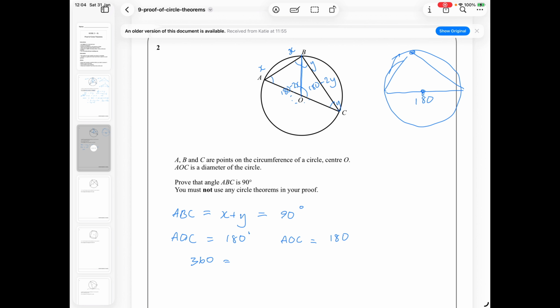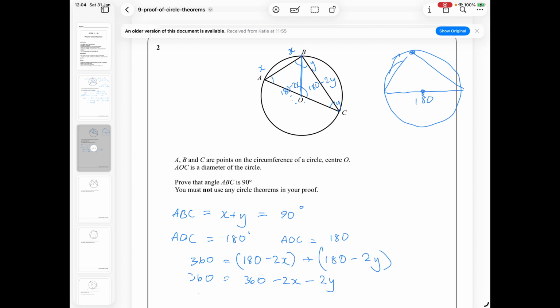So 360 equals 180 minus 2x plus 180 minus 2y. And that equals 360 minus 2x minus 2y.